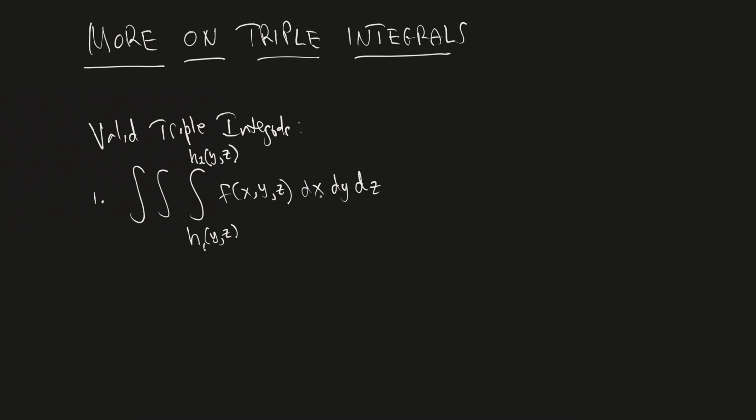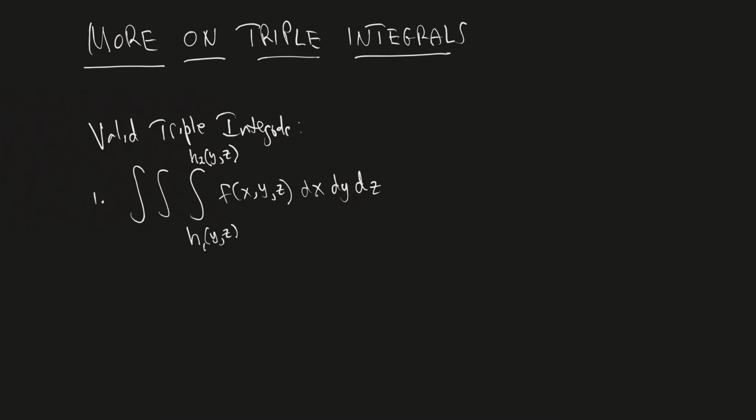When I integrate with respect to x, and then I plug these 2 functions in and subtract, the expression that I have left would have to be in terms of the other 2 variables, so that when I complete my process, eventually I will integrate with respect to y, and the y's will go away. Eventually I will integrate with respect to z, and then the z's would go away, and then I would be left with a number.